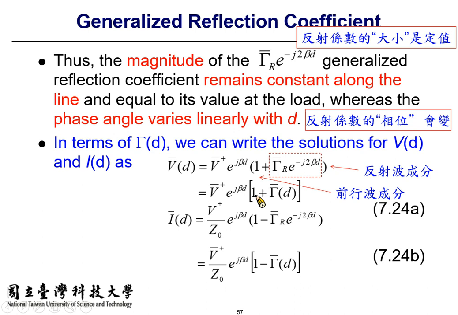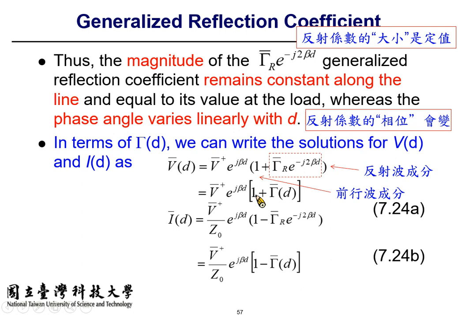And what is the implication between the two expressions? What I would like to say is, suppose that gamma d is a complex number, which should be the general case.